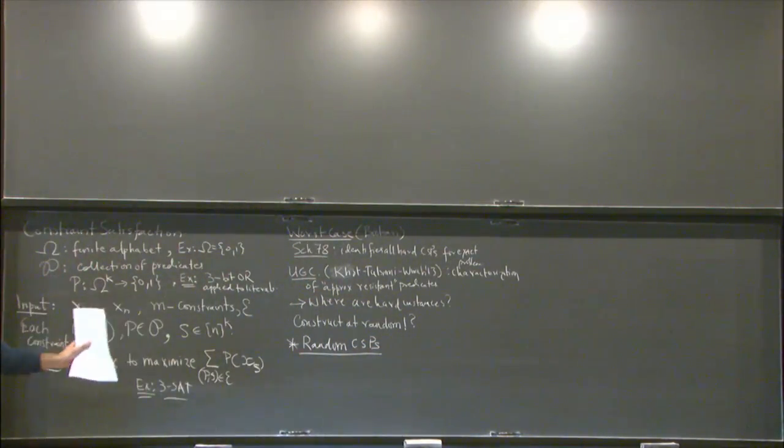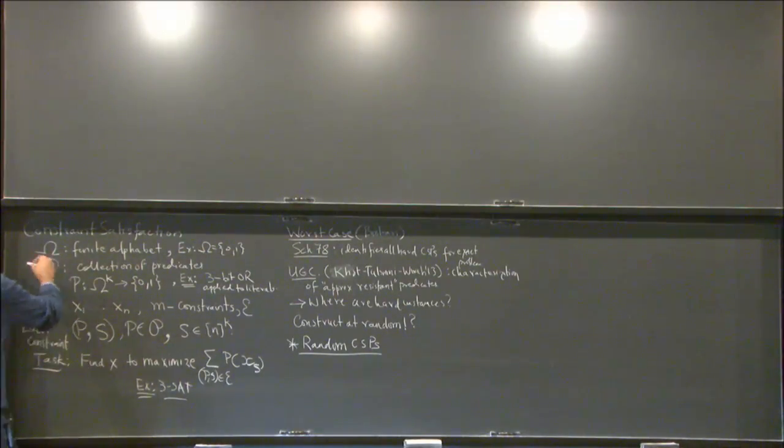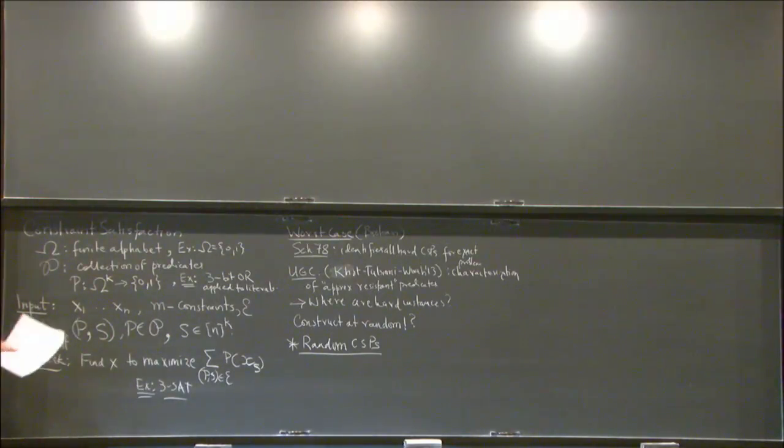For choosing a CSP, this is the data: the CSP is defined by the alphabet and the predicate set. For choosing an instance, what is the most natural random model here?